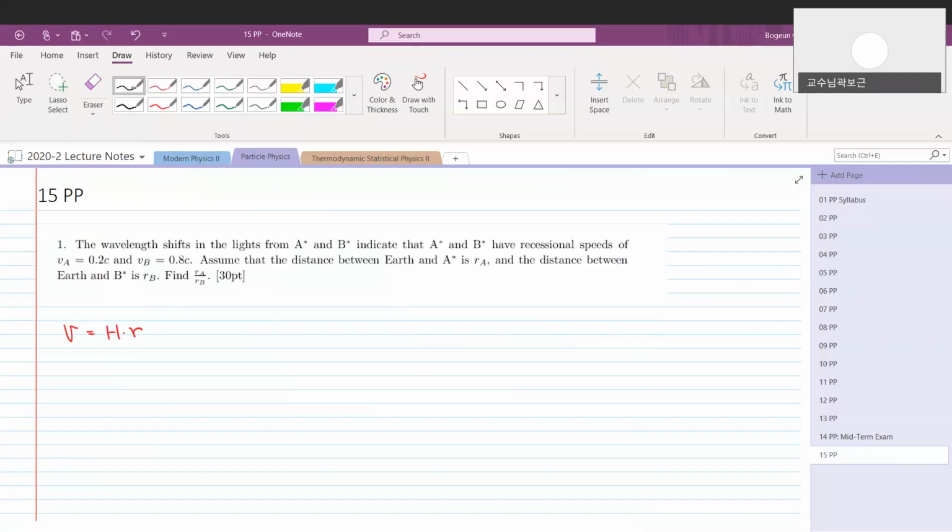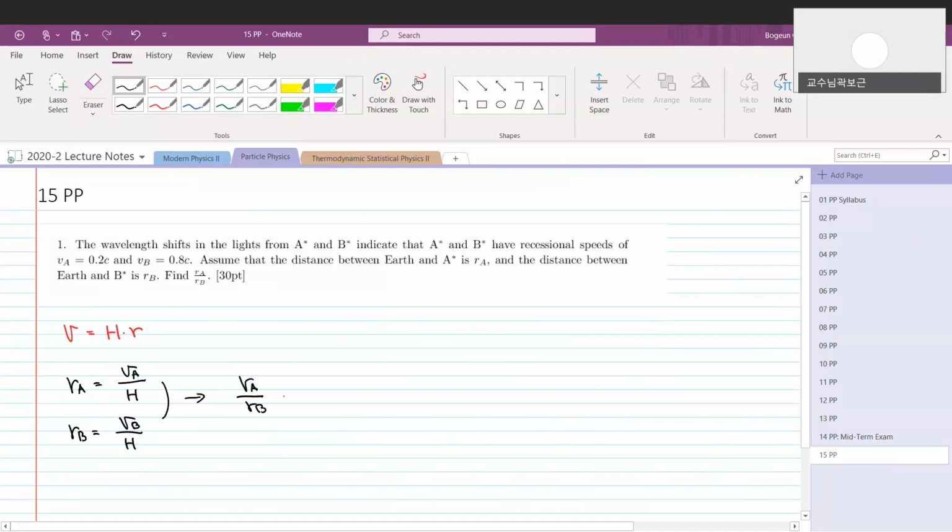According to that, RA equals VA over H, and in the same way, RB equals VB over H. So RA over RB equals VA over VB, which is 0.2c over 0.8c, equal to 1 over 4.